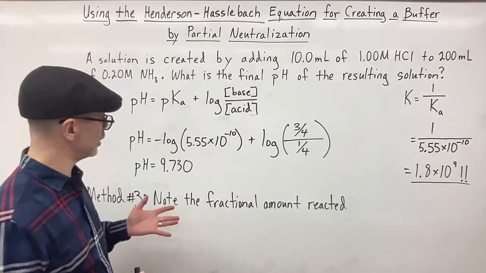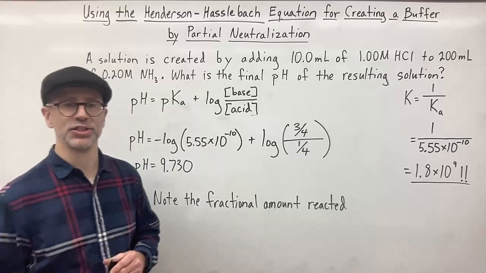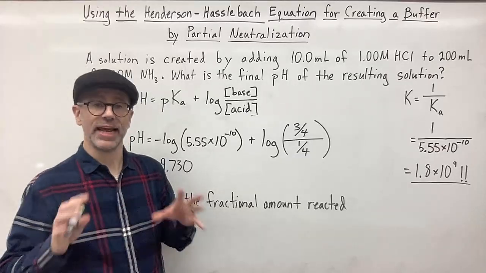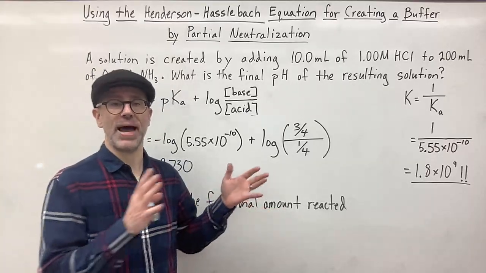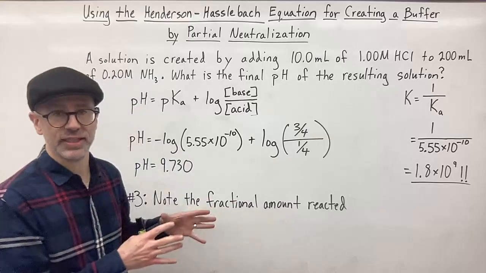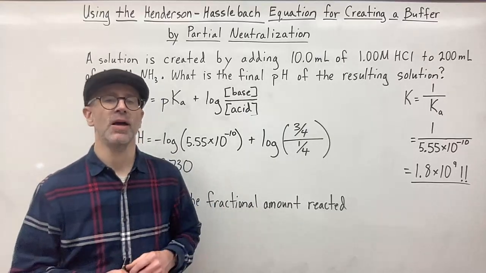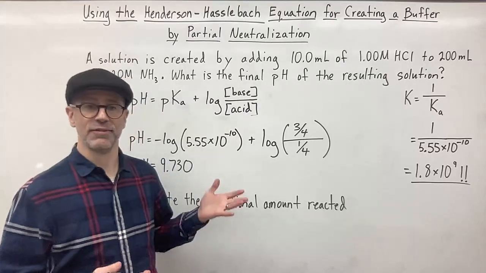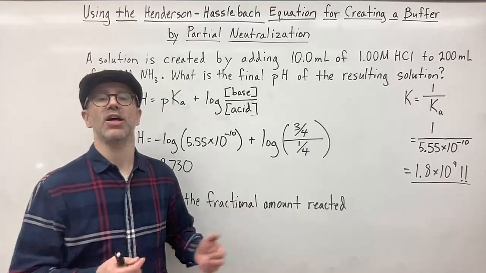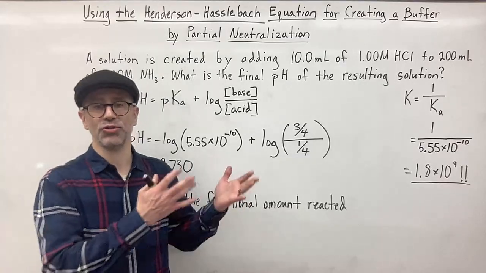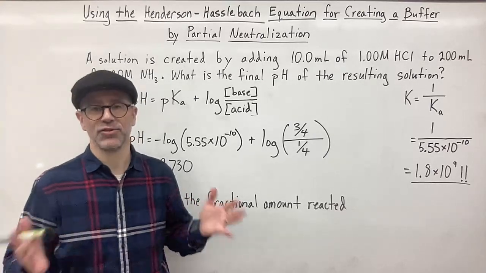And so basically, those are the three ways in which you can use the Henderson-Hasselbalch equation. One, you can take your millimoles or your moles, use the total volume to convert that back to concentrations, plug the concentrations into your Henderson-Hasselbalch equation, and calculate the pH. Or instead of calculating the concentrations of your acid and base, you can plug in the millimoles or the moles directly into the equation, since the total volume cancels out anyway.